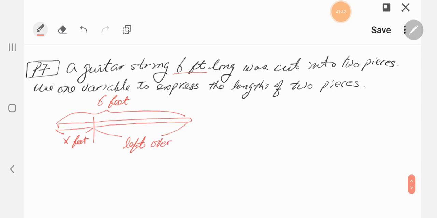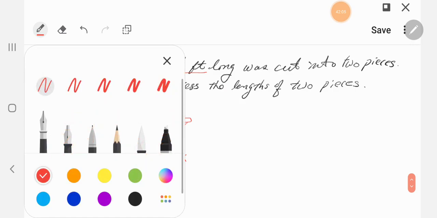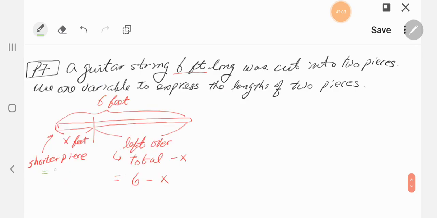The second piece, the longer piece, will be the total minus the length of the first piece, X. So the longer piece will be 6 feet minus X. The length of the shorter piece is X feet, and the longer piece is 6 minus X, total minus the length of the first one.